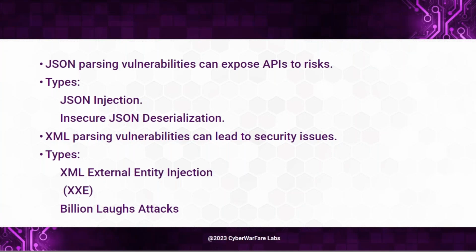Next, we move on to the parsing language XML. XML parsing vulnerabilities can lead to security issues. This has two types of attacks: XML external entity injection (XXE), and the billion laughs attack, which is an old attack.